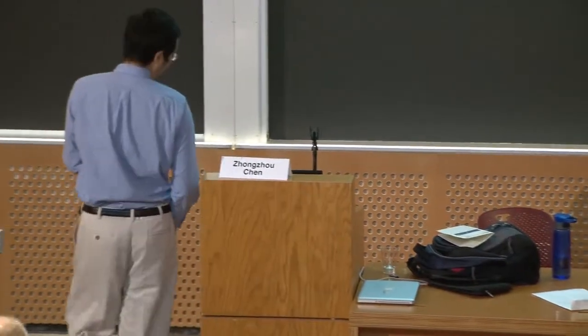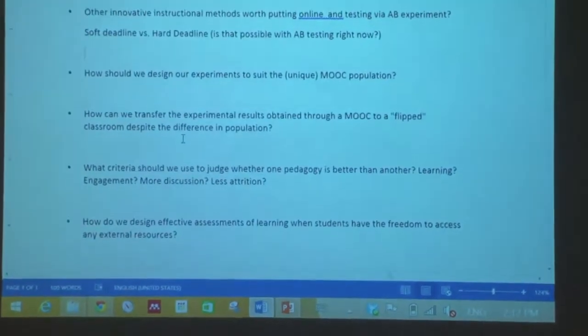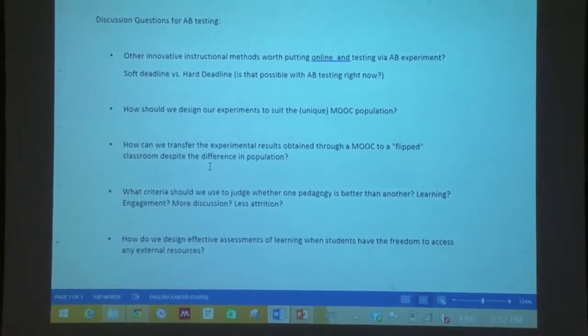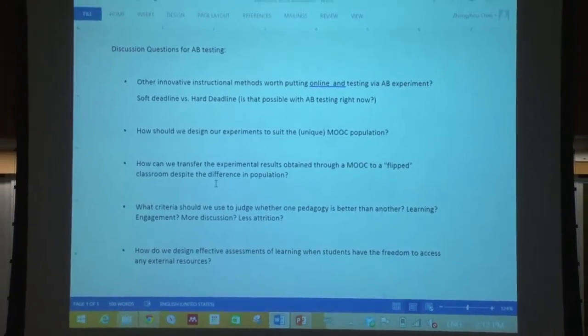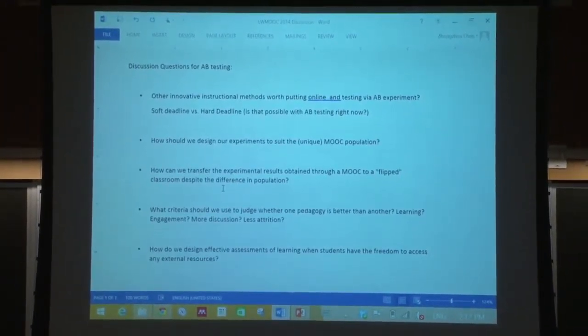Okay, so I finally pulled up all the discussion questions that I wrote up the other day to stir some discussion. We've covered other innovative instructional methods worth putting online and testing via A/B experiments; welcome any suggestions. And then, how should we design our experiments to suit this unique MOOC population?